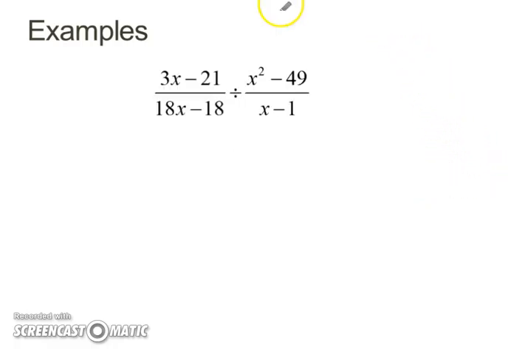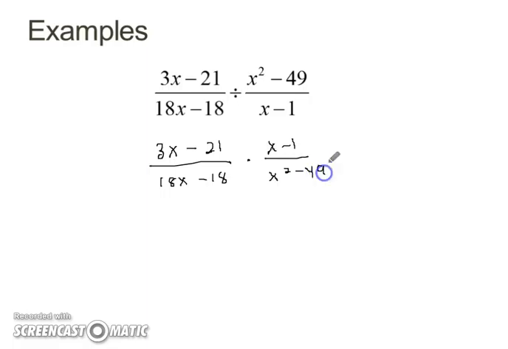Combining it with rational expressions where you have to factor first. So just rewrite everything first by multiplying by the reciprocal. So 3x minus 21 over 18x minus 18 times x minus 1 over x squared minus 49. And now we can factor everything.